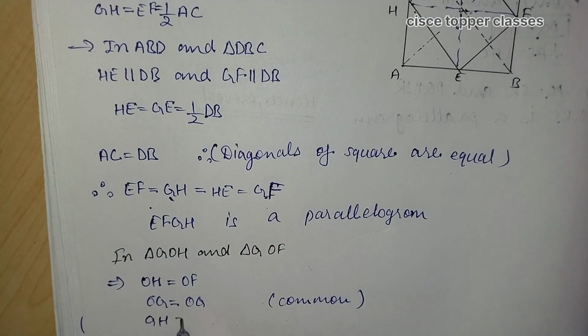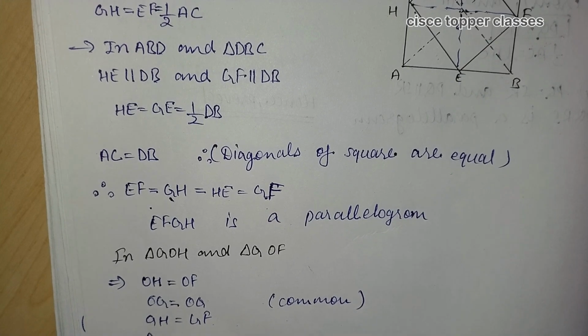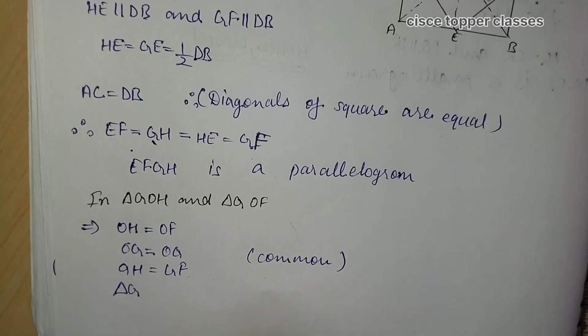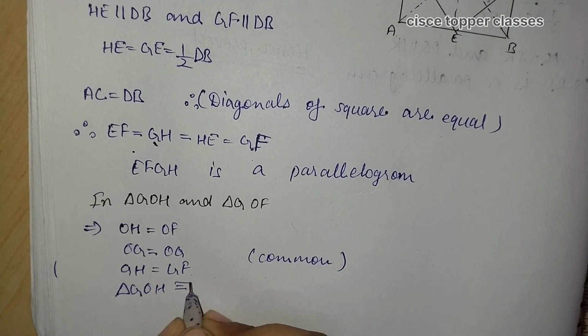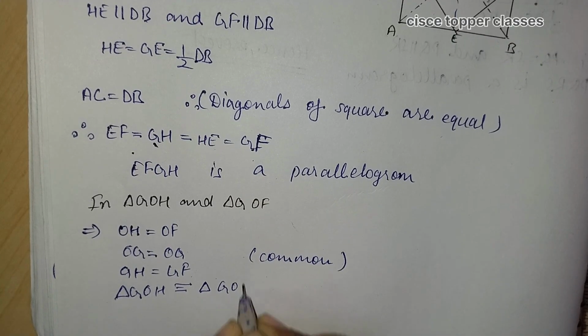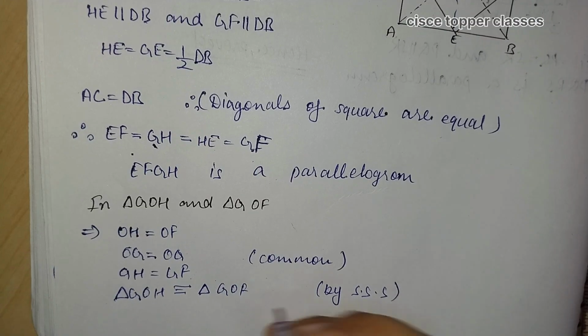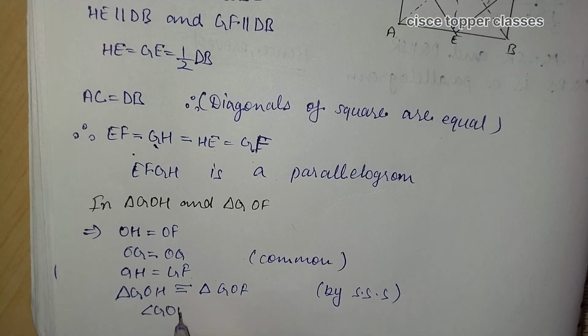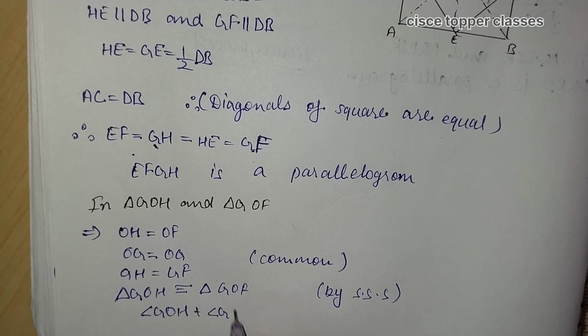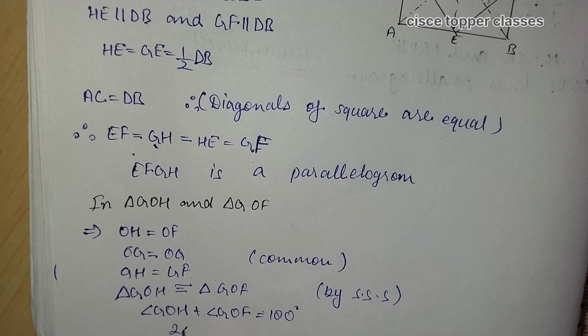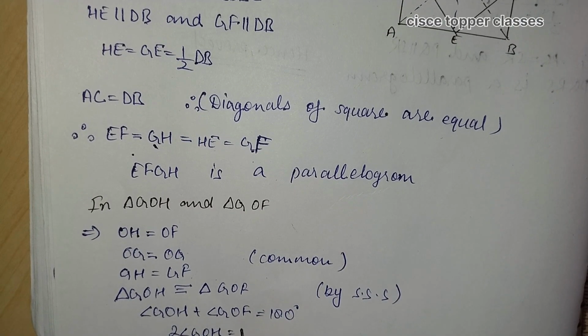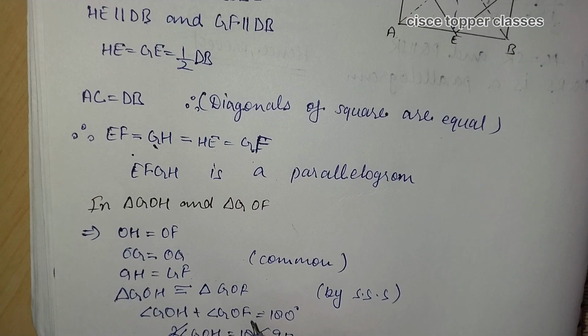Now GH is equal to GF from here, and from this we can prove that triangle GOH is congruent to triangle GOF by the SSS rule of congruency. We have angle GOH plus angle GOF equal to 180 degrees, and as these are congruent, 2 times angle GOH is equal to 180 degrees. From here we get angle GOH is equal to 90 degrees, which is equal to angle GOF also.